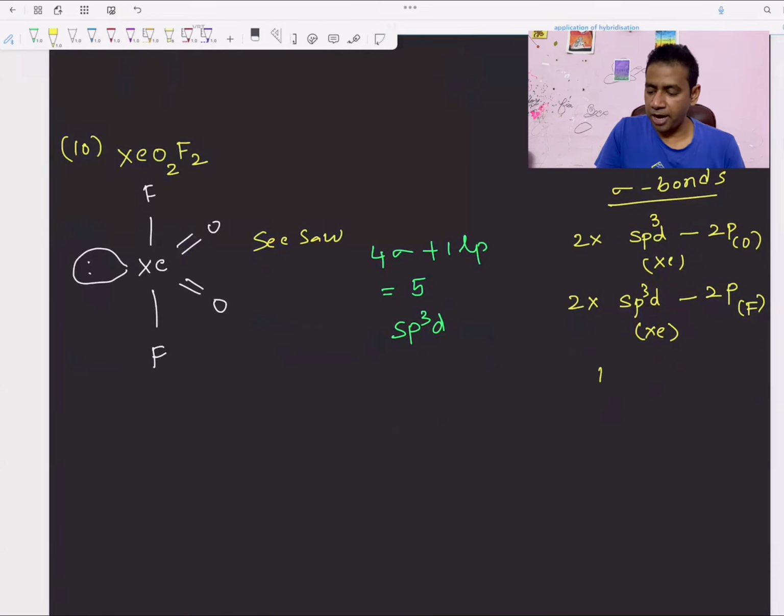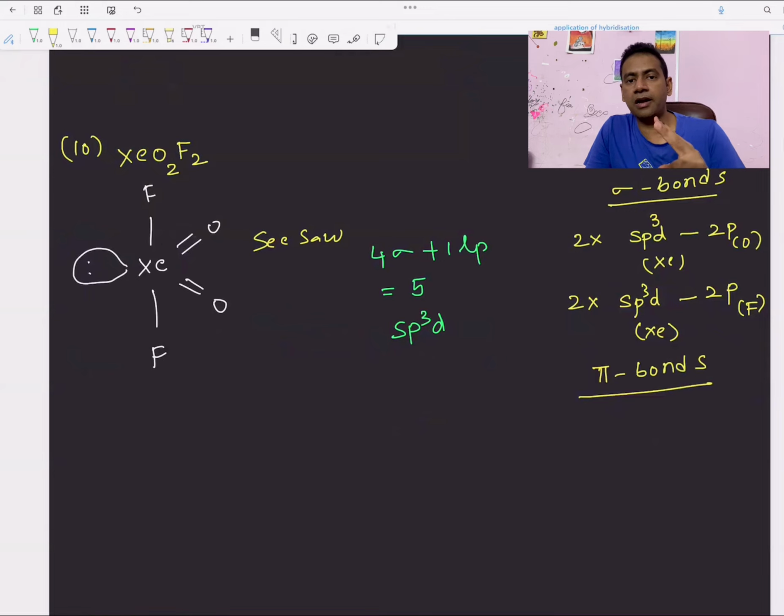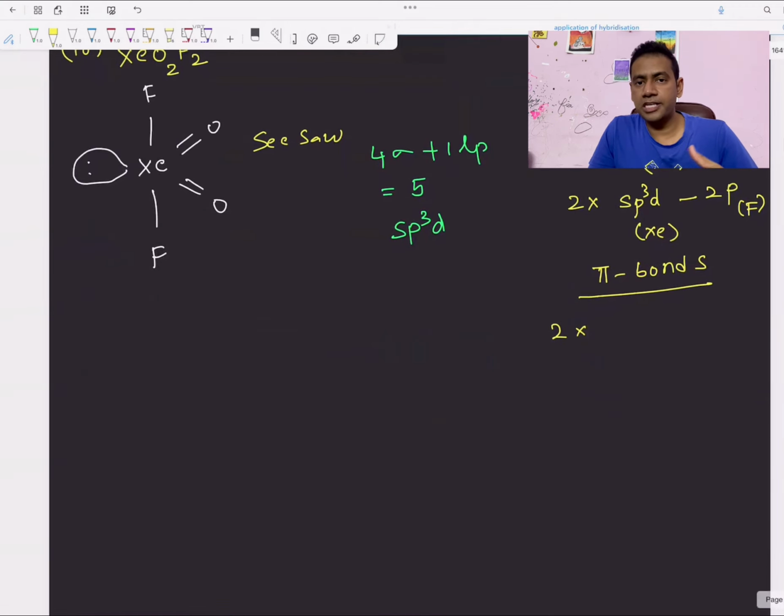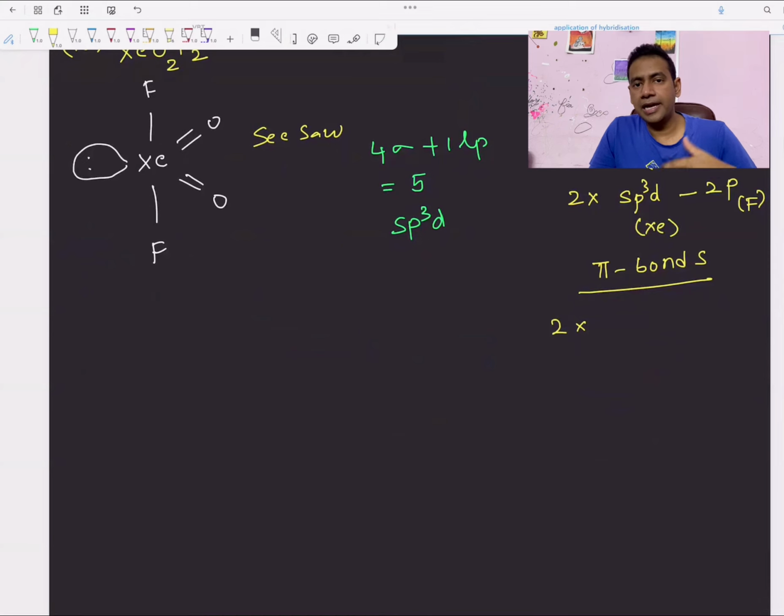Now we have pi bonds. We have to count the pi bonds, how they are formed and what overlaps. There is only 1 type of pi bond, but there are 2 such pi bonds. These 2 pi bonds are formed from d pi p pi overlap. Why d pi p pi overlap? Because xenon has undergone sp3d hybridization. It has used all of its p atomic orbitals.